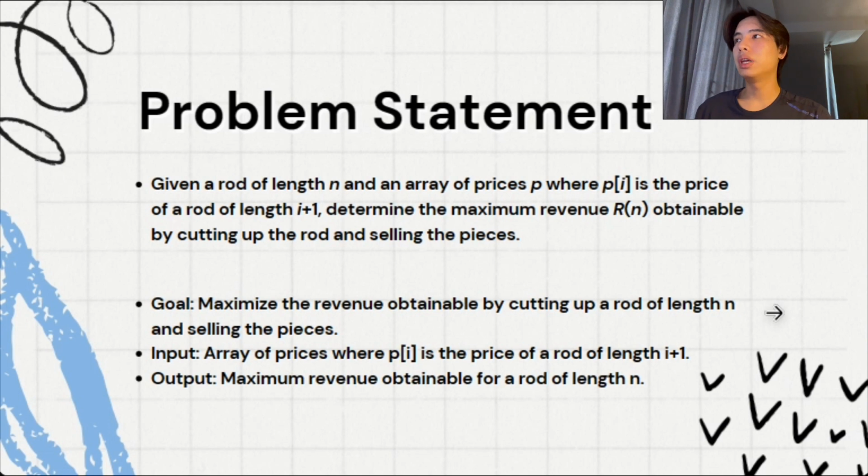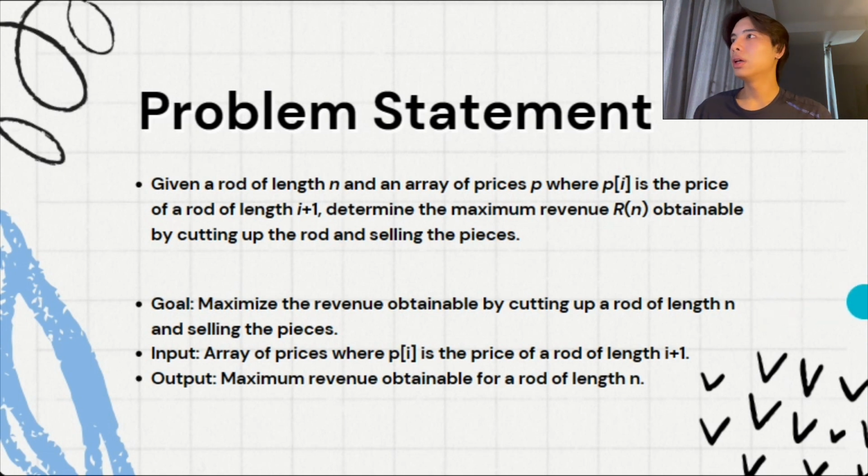Here is the goal of this problem: to maximize the revenue obtainable by cutting up a lot of length n and selling the pieces. The input is an array of prices where p[i] is the price of a lot of length i plus 1, and the output is the maximum revenue that we obtain.